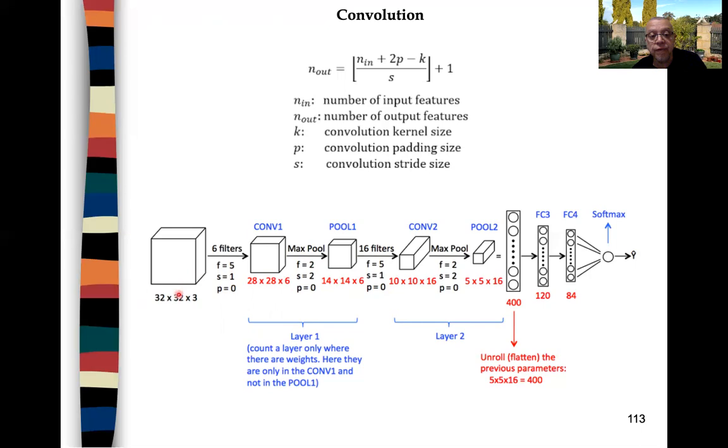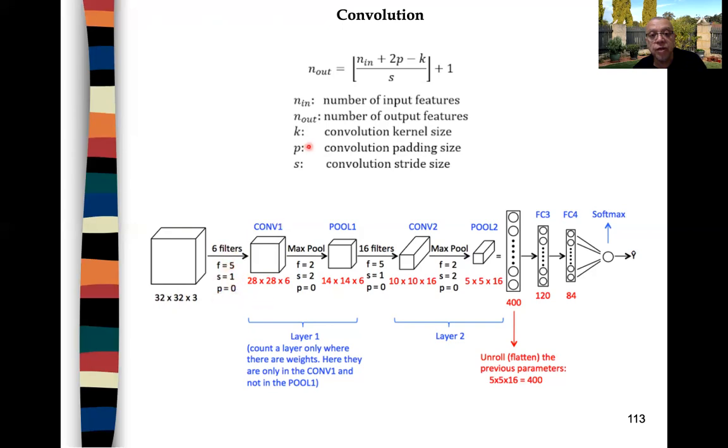So if you have an image, for example, a color image with 3 channels of resolution 32 by 32, and you apply 6 convolutional kernels to this input image, and these filters are of size 5 by 5, and you use the convolution with a stride of 1, no padding, 0 padding.